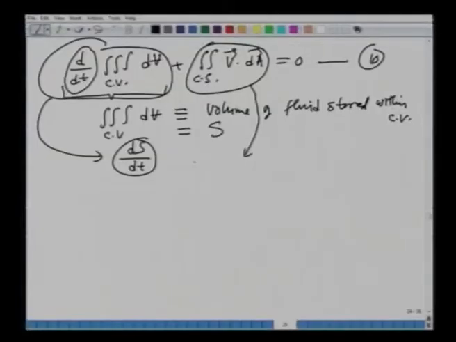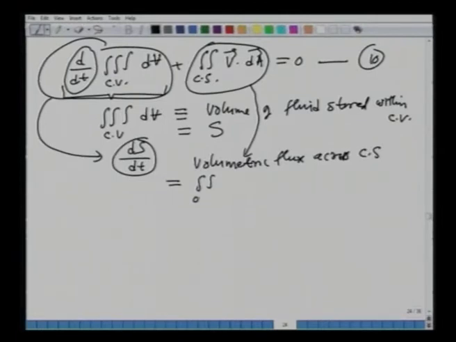So, let us say that this second quantity represents the volumetric flux across the control surface, all right. This we say is equal to, we can break it up into two parts.